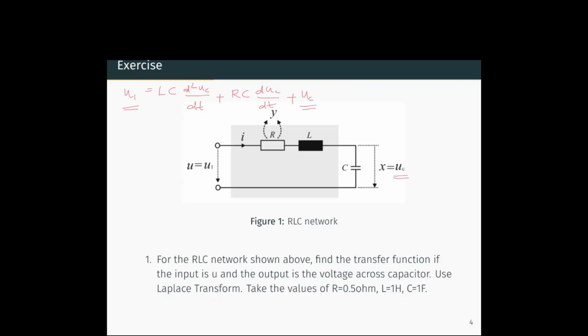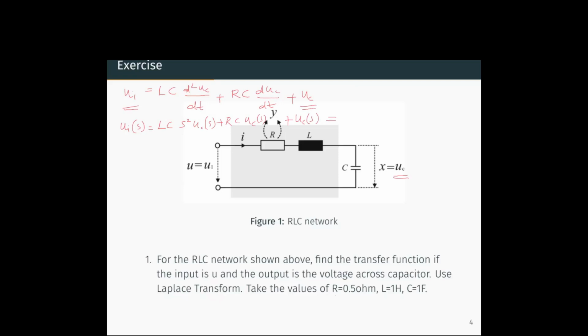Now we will see how Laplace transform helps us in identifying the transfer function of the system. Taking Laplace on both sides, we get UI of s equal to LC s square UC of s plus RC s UC of s plus UC of s.